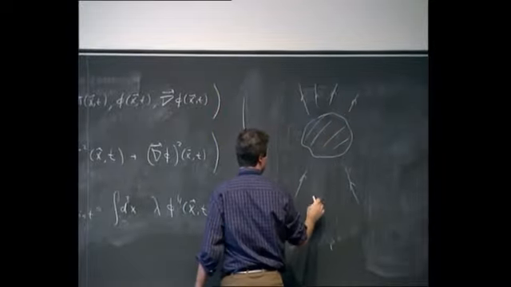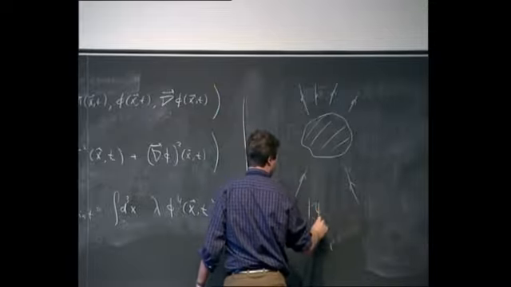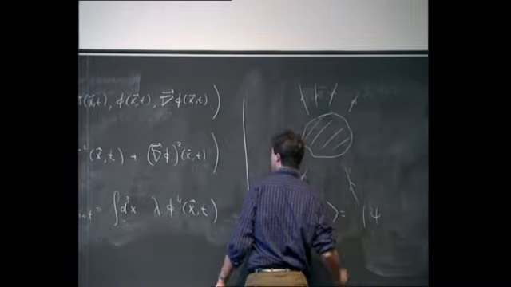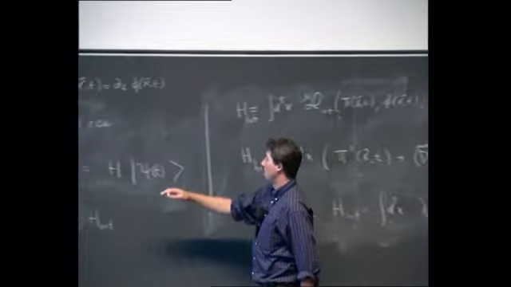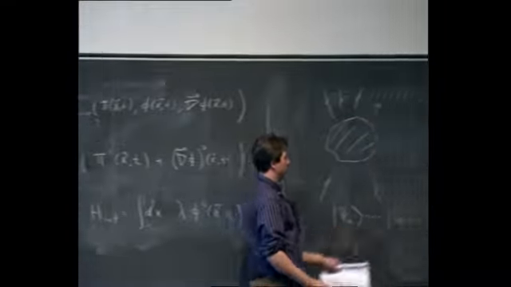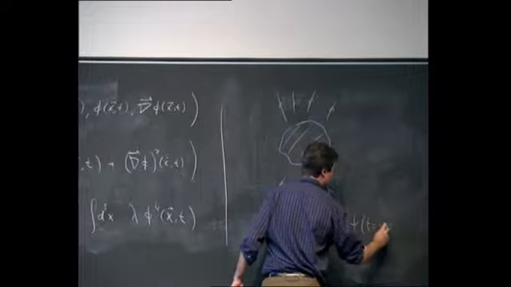So we have an in state which you can call psi in, which actually is the wave function of this state psi, say, evaluated a long time in the past, and we'll actually take this to be t equals minus infinity.